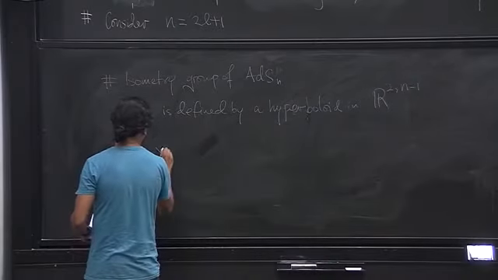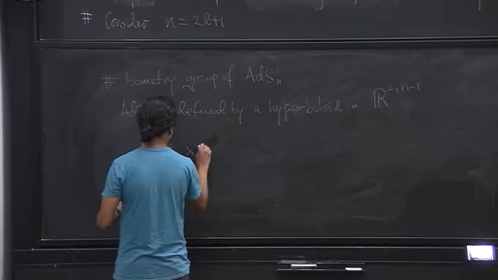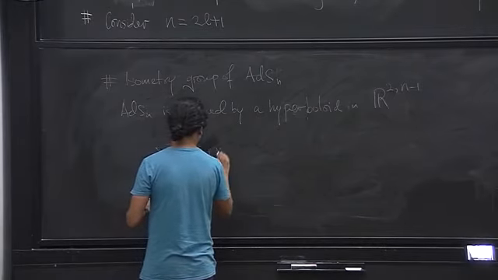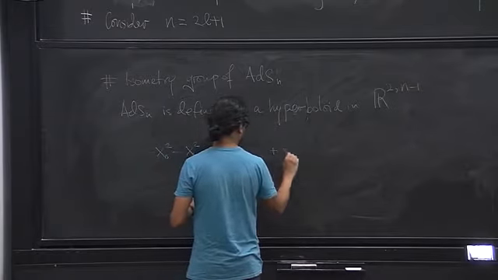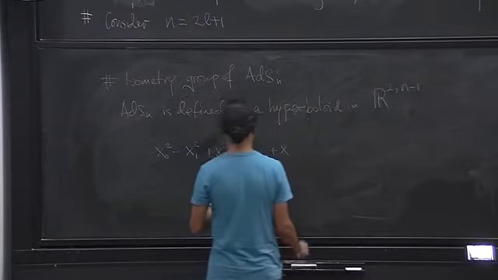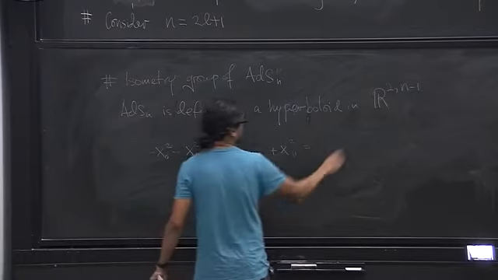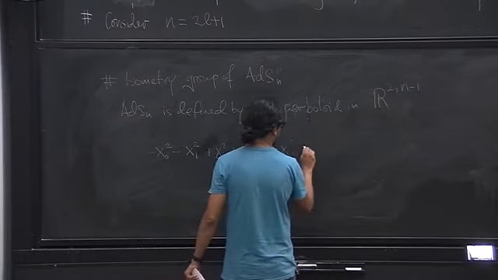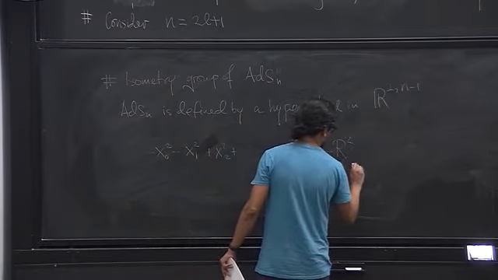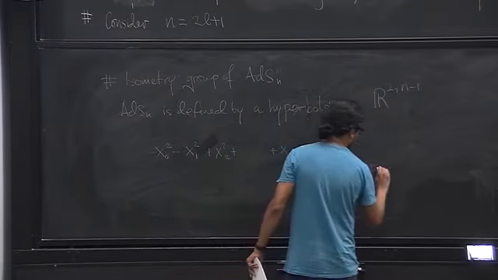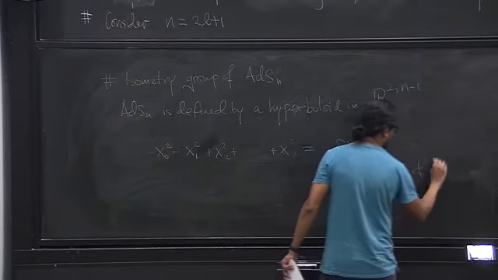So by this equation, these are the coordinates of this guy, and this is equal to the radius of AdS.